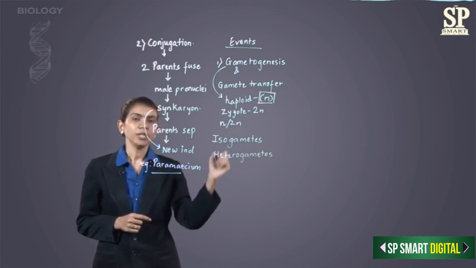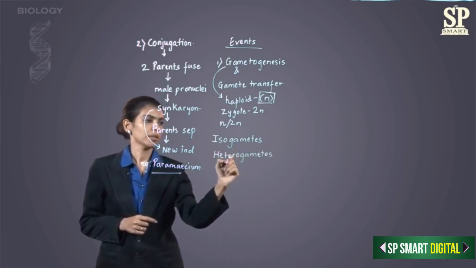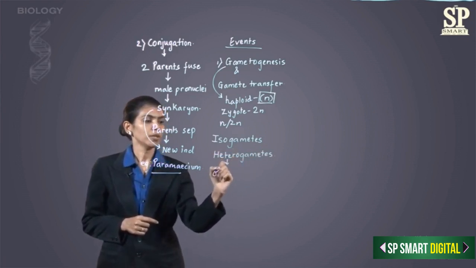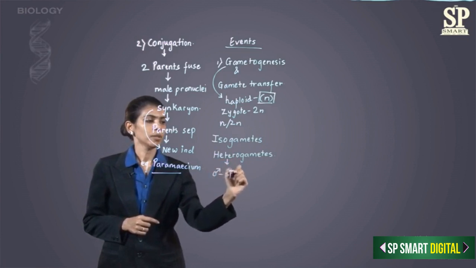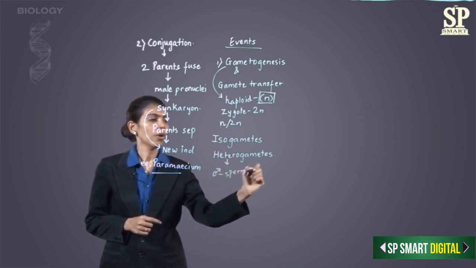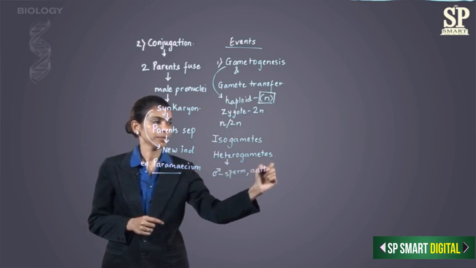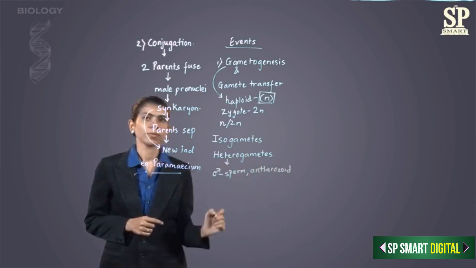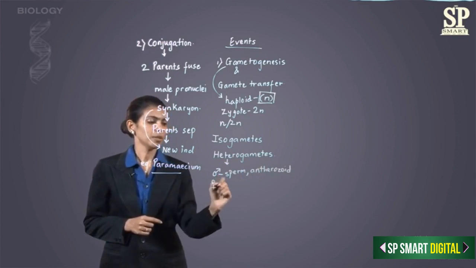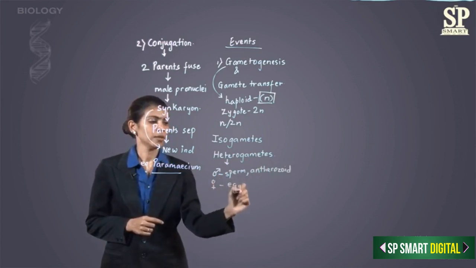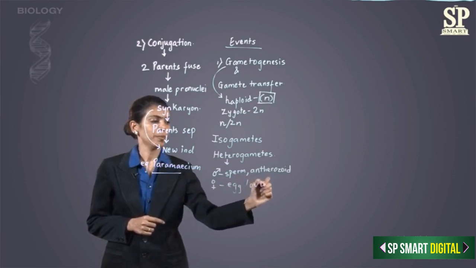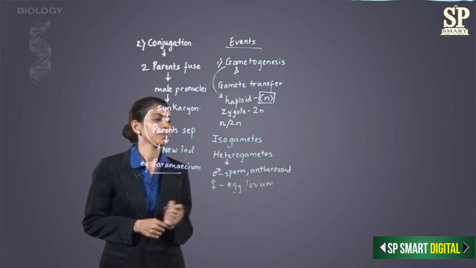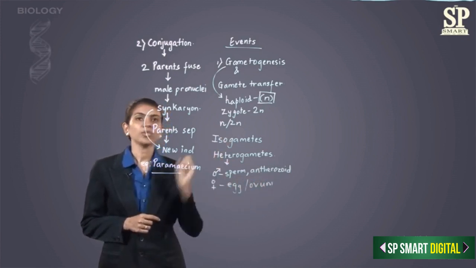When the reproduction involves heterogametes, the male gamete is called the sperm or the antherozoid, and the female gamete is called the egg or the ovum. So that was about gametogenesis.